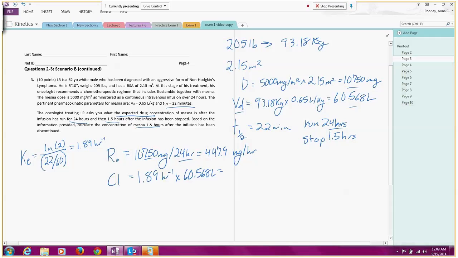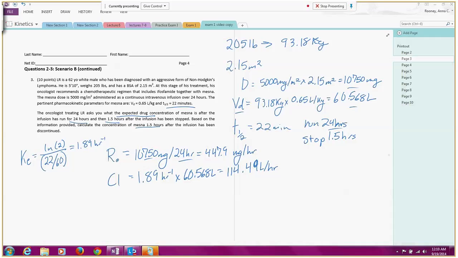If you lost track because I'm moving too quickly, you can pause this video. Then you'll find that this is 114.49 liters an hour.